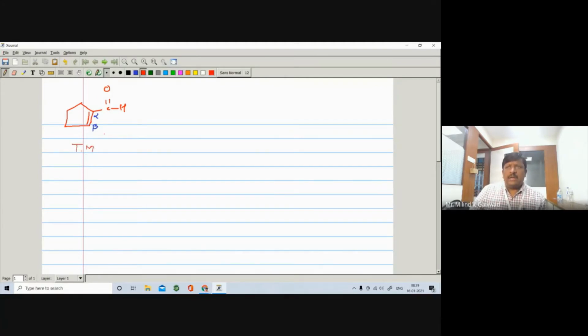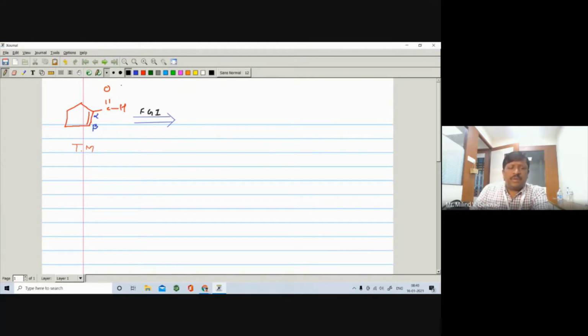Now how to carry out its disconnection? Firstly you have to go for the FGI, functional group interconversion. I write this as FGI. What is meant by FGI?